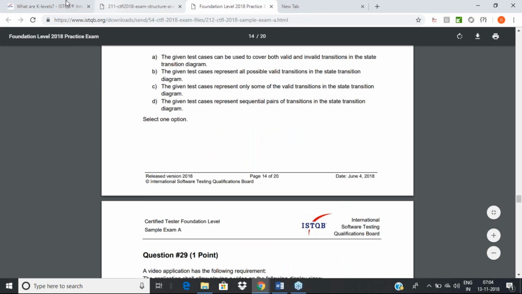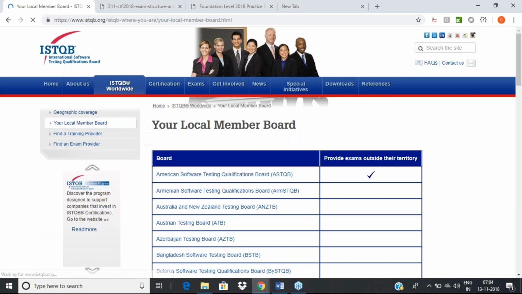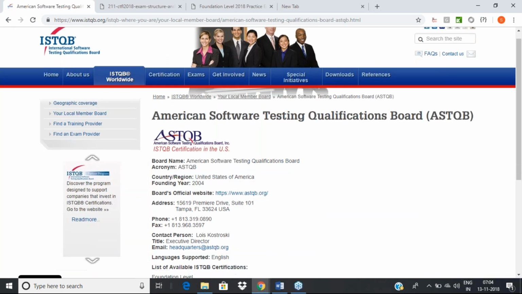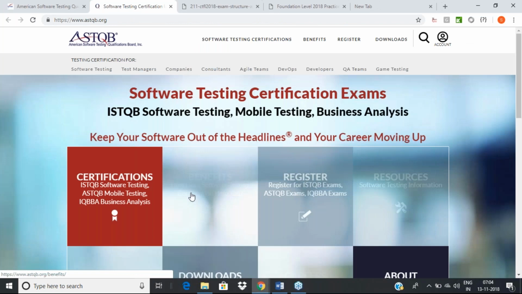So again, you will go over here, ISTQB worldwide, and you'll go to your local member board. Like when we went to ASTQB, the American Standard Board. And by the way, you can take it from anywhere.